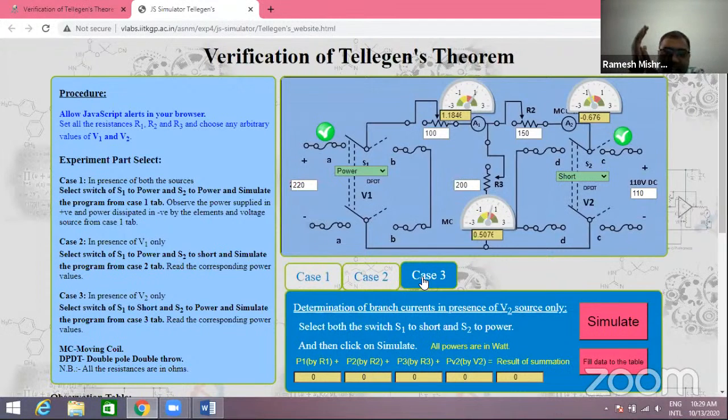In this case, we solve using only one voltage source, the V2 voltage source.